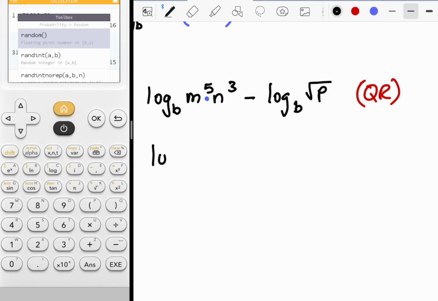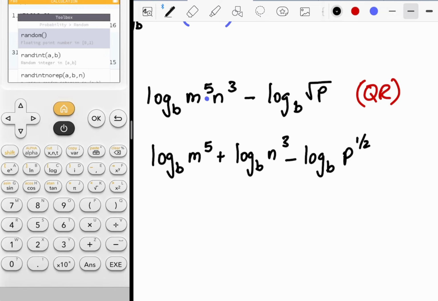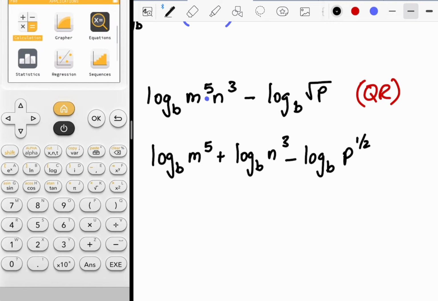So to make this log base b of m to the 5th plus log base b of n to the 3rd, bring along the log base b of the square root of p, but I'm going to write that square root of p as p to the 1/2 power. That's an old algebra skill.